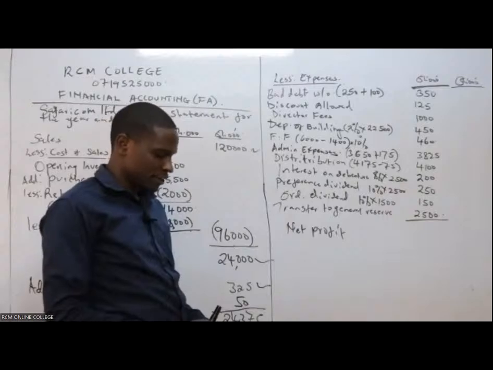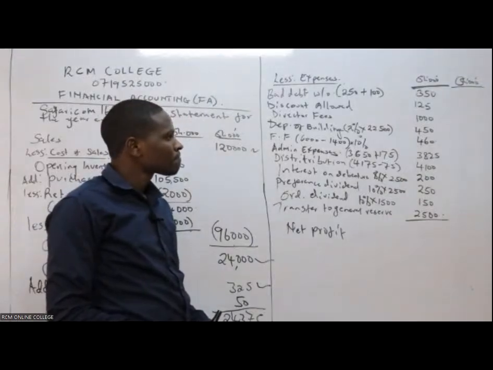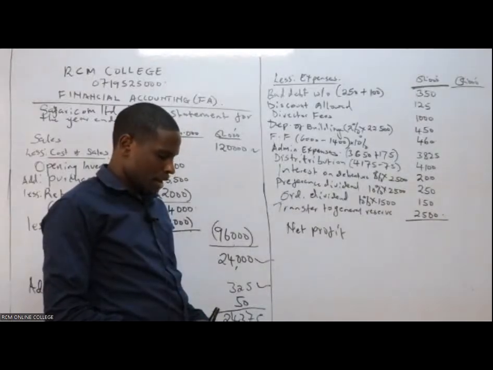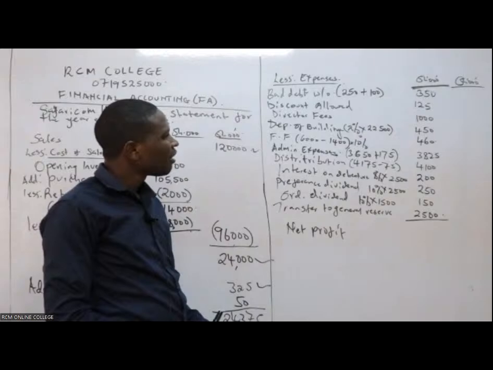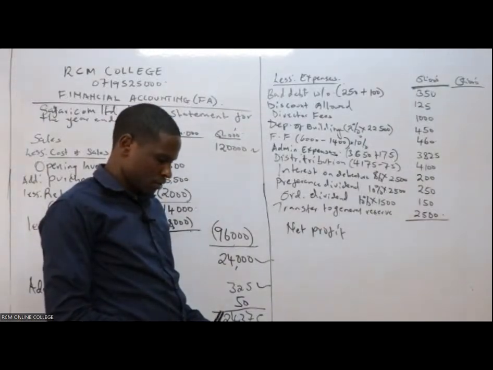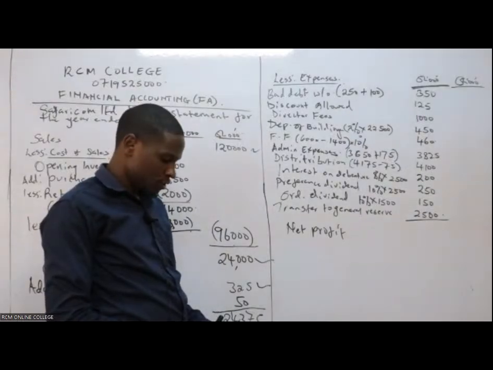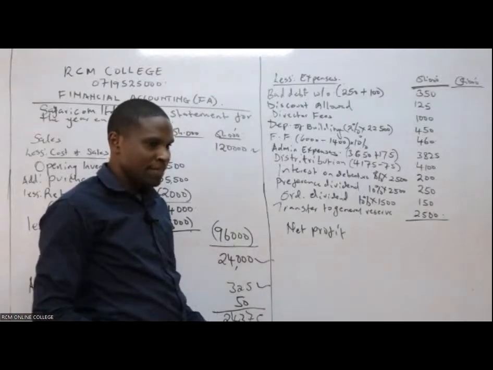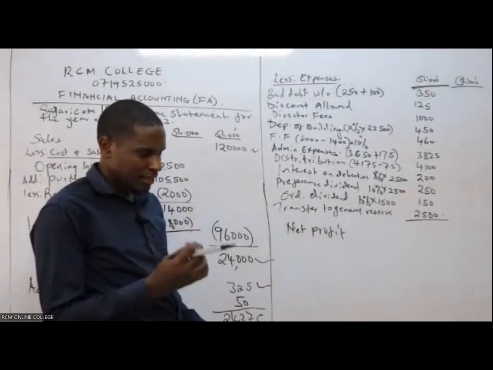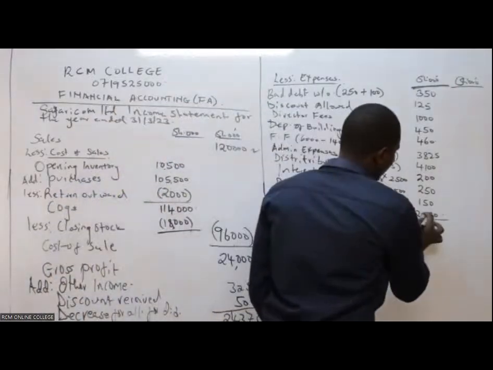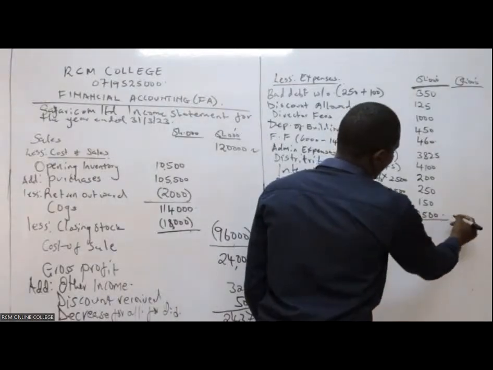So I have 475 plus 1450 plus 460 plus 60 plus 3825 plus 4100 plus 200 plus 250 plus 150 plus 2500. I get 13,860. I am getting 13,860, unless there is some figure I don't know here, all the workings look right.